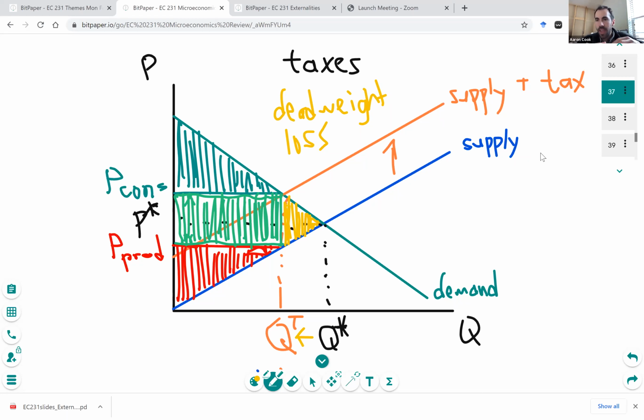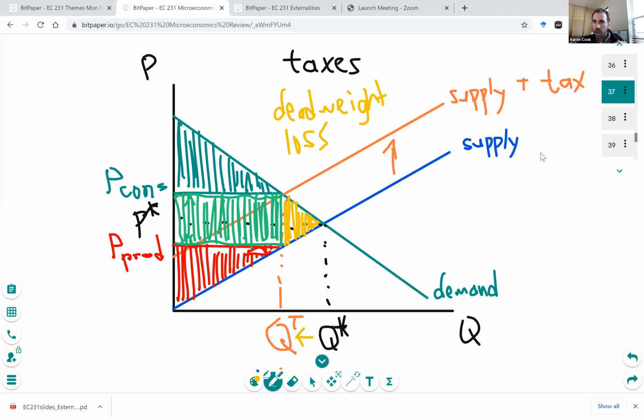That represents missed opportunities for mutually beneficial exchange. So for the units between Q star and QT, marginal benefit was higher than marginal cost. So it was possible for producers and consumers to come to mutually beneficial exchanges for the units between QT and Q star. The marginal benefits, or the level of the demand curve, was higher than the marginal cost curve. So those were potential benefits that could be captured.